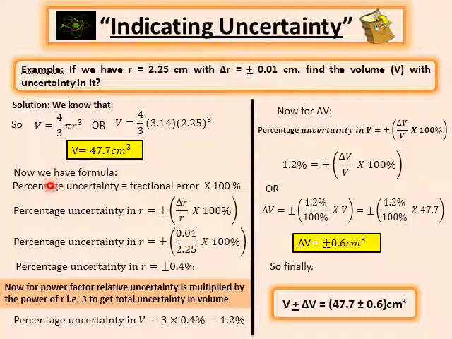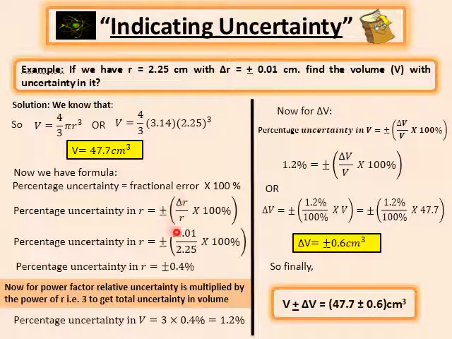We have the basic formula: the percentage uncertainty is equal to the fractional error multiplied by 100%. Now we use this formula for the radius R. Therefore the percentage uncertainty in R is equal to ±ΔR, the uncertainty, divided by R, the measured value.